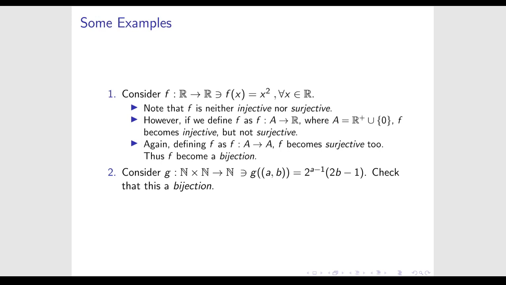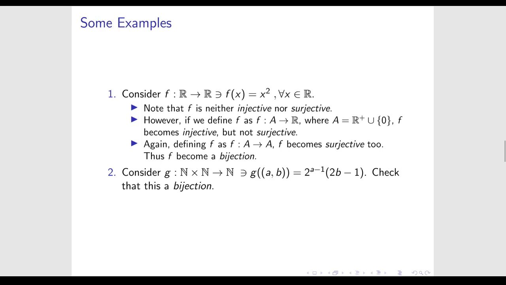So now if we define f from A to A, f becomes surjective too, and thus f becomes a bijection. So a function need not be injective or surjective, but making certain changes to its domain or codomain can make it injective, surjective, and hence a bijection.